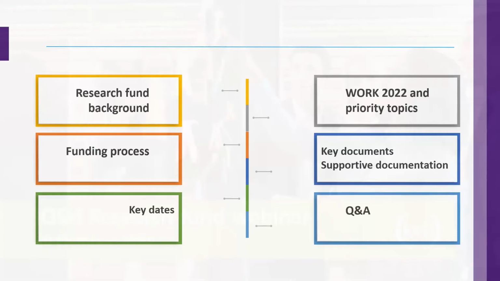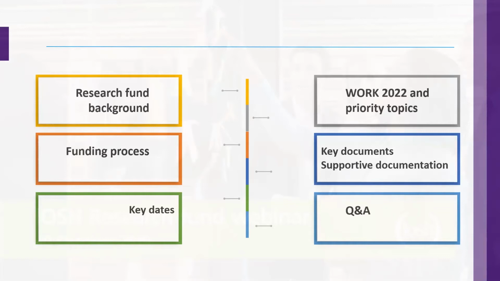This is a snapshot of the structure of what we want to go through during this webinar. We're expecting to go through most of the information in the 25 minutes and allocate the rest of the time for questions from participants. We will initially go through some general aspects of the background of our research fund.